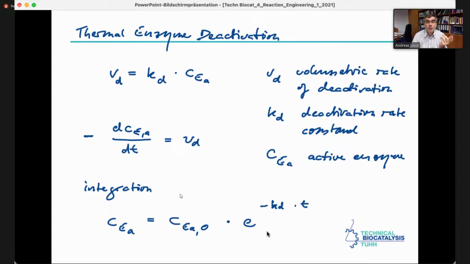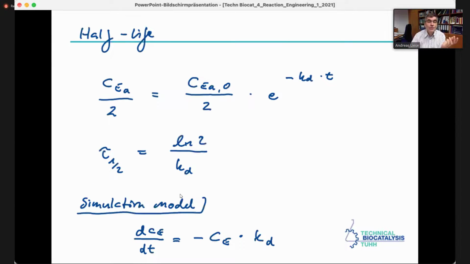And by integration, we yielded this term that can then be used to formulate that the change of concentration of the active enzyme by time equals minus concentration of E times the deactivation constant. And the same we will do now. We want to formulate a term only that the deactivation is not thermally motivated, but by a second substrate.